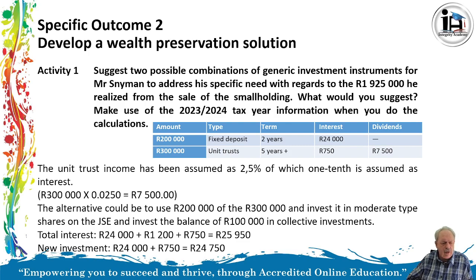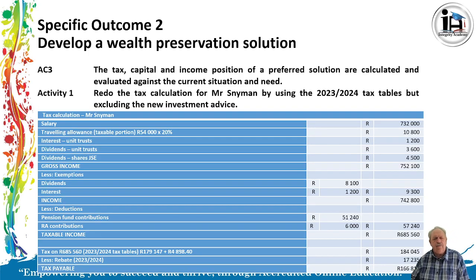Right, so if we now go and have a look at a tax calculation and how this investment solution would affect his tax, if we have a look at his current tax calculation, his current income is 732,000. He's receiving a traveling allowance of 54,000.